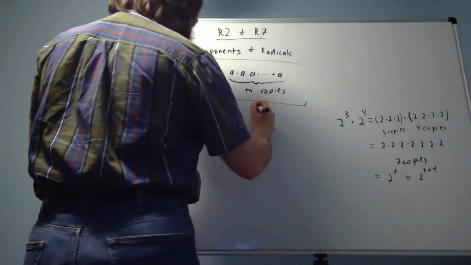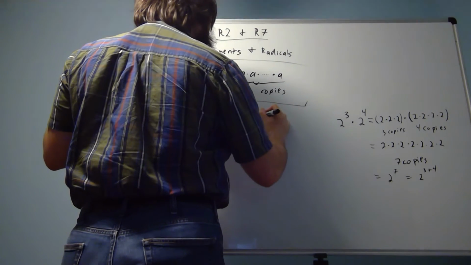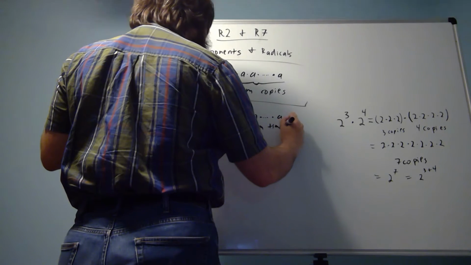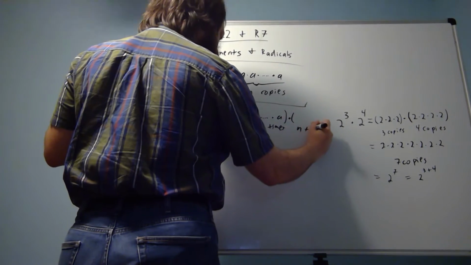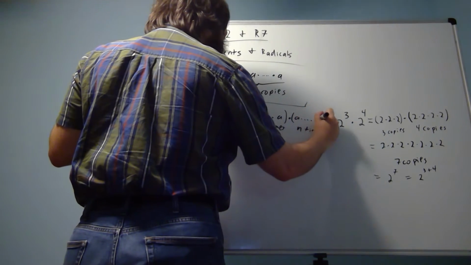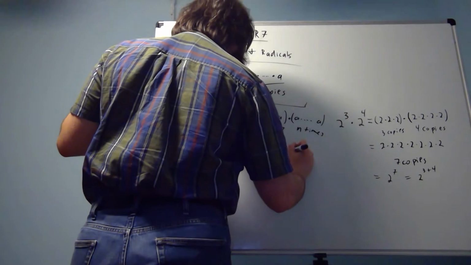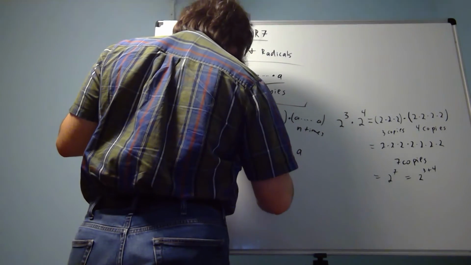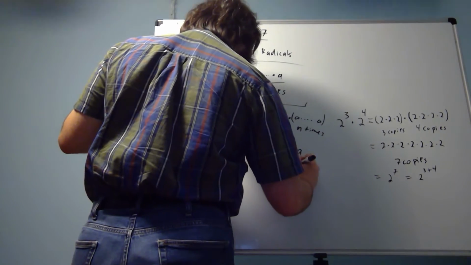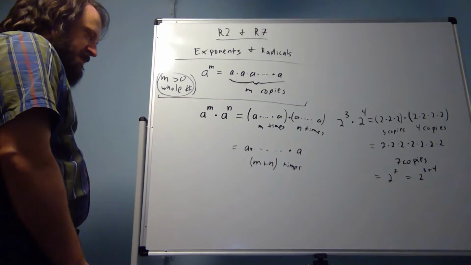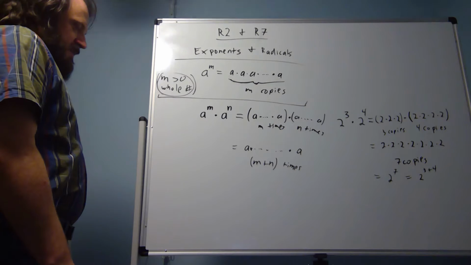So it's just you do this m times, and then you do it another n times, and it's the same as asking how many a's did you multiply together. Well, you write down a, m times and then n more times, and you multiply that many copies of a.